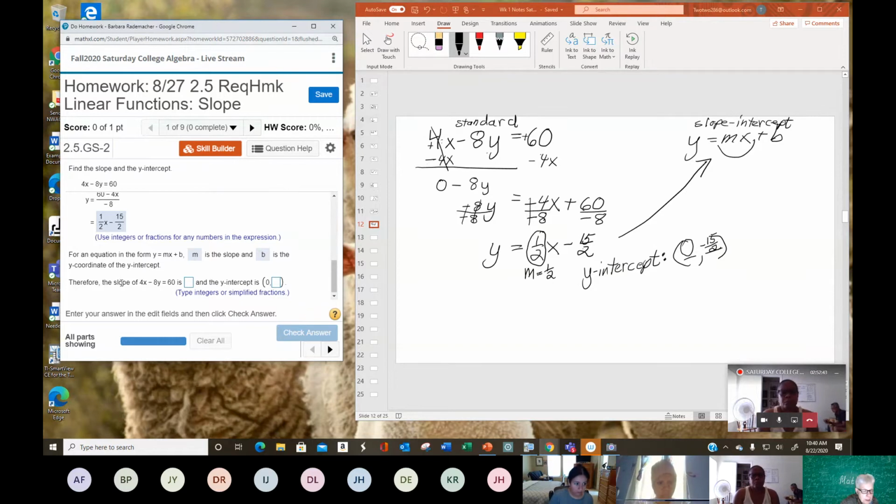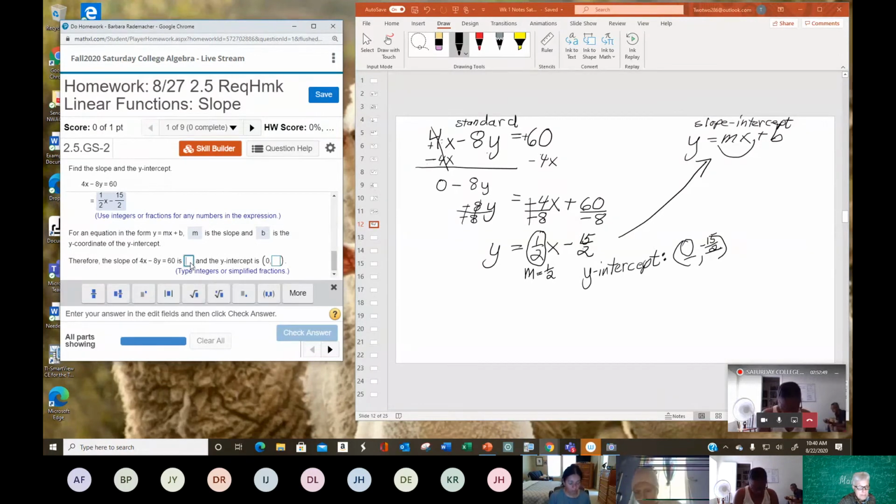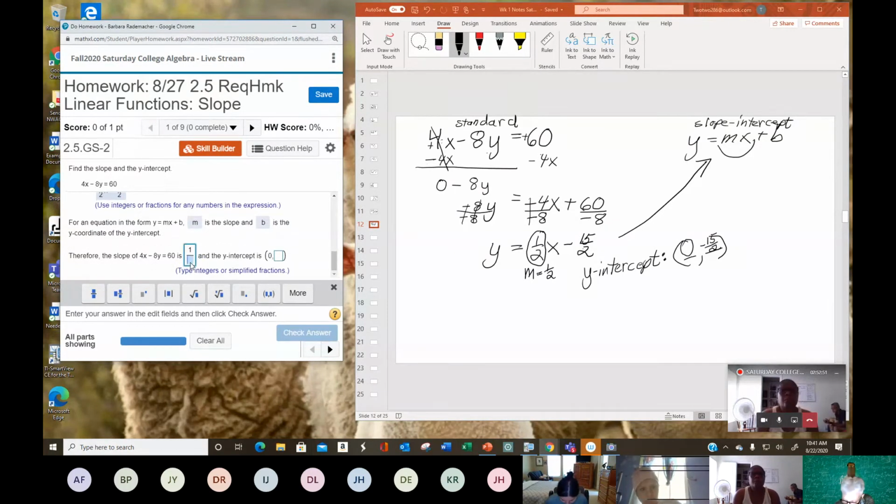Good grief. Therefore, the slope of 4x minus 8y equals 60 is 1/2, and the y-intercept is 0, comma, negative 15/2.